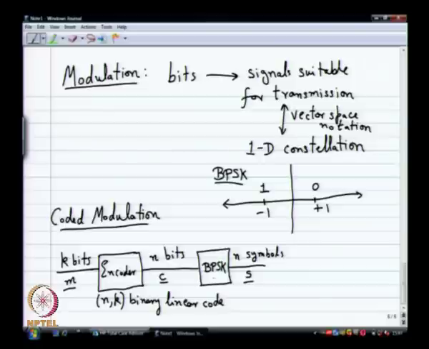What does the BPSK block do? If my bit is 0, it is going to make it plus 1. If my bit is 1, it is going to make it minus 1. So, I have n symbols. There is a wonderful abuse of notation you can do to write this S in terms of C. It is very common in MATLAB, it will work very well.